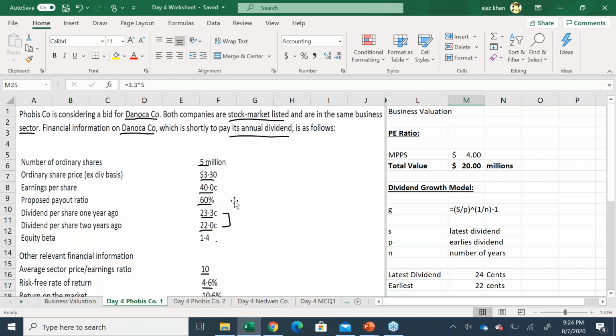The only issue is the price. What price should be there? Will you sell this company for $3.3 per share to Forbes company? If yes, why? And if no, why? Quickly. Will you sell this company to Forbes company for $3.3 per share?